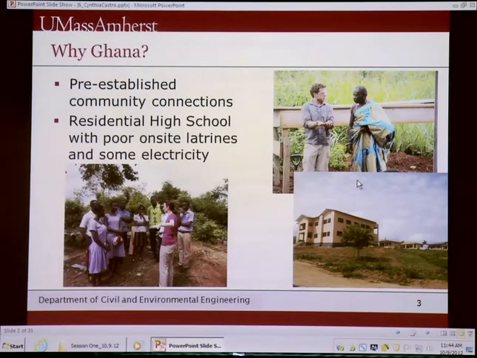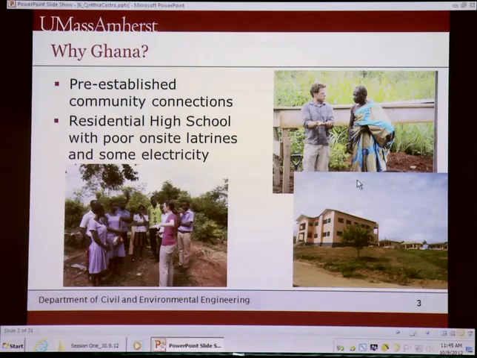So why Ghana? Well, we had our pre-established community connections in that area. In order to have a successful project in the developing world, we need strong community relations so that the community feels invested in having this new technology and can use it, because sometimes they're unfamiliar with such systems and they don't want to use it.